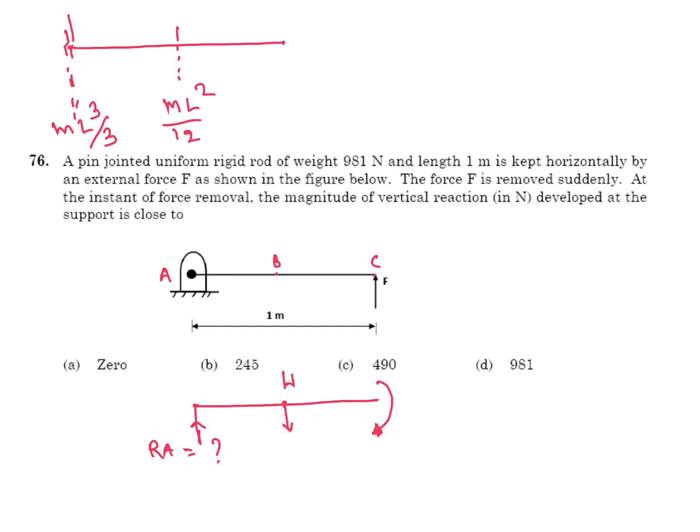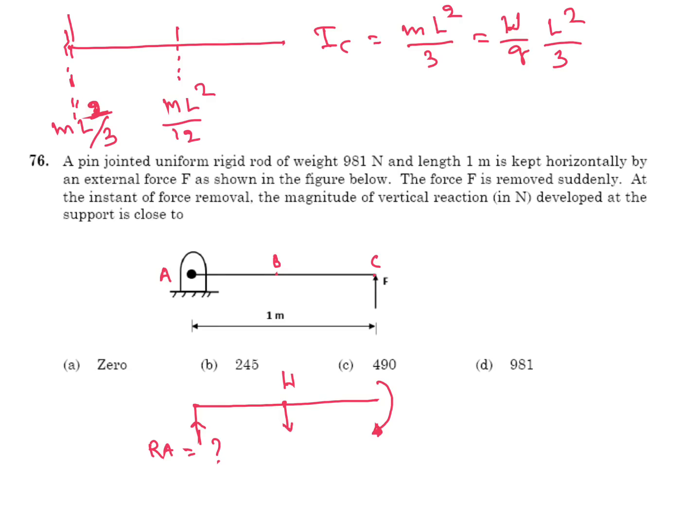So you apply here the mass moment of inertia at C point. Let the length be L, you will get ml square by 3, or mass you can write W by g, L square by 3. Then torque you have to calculate.